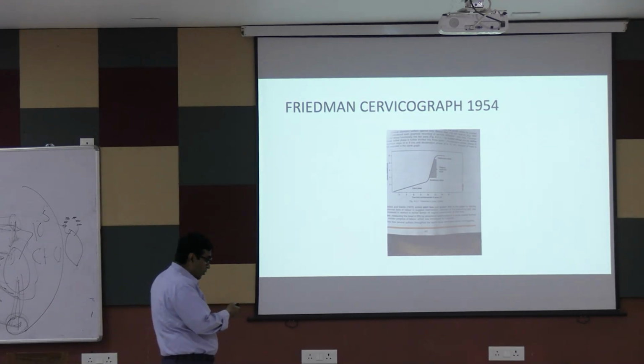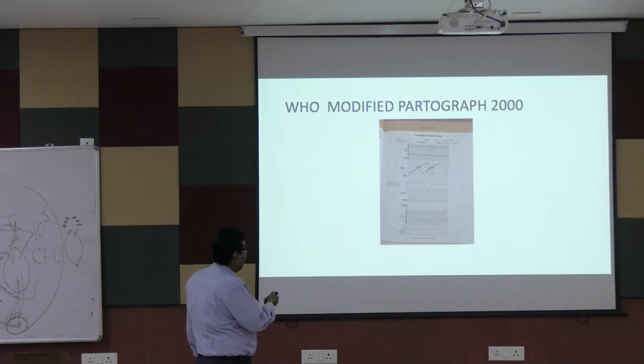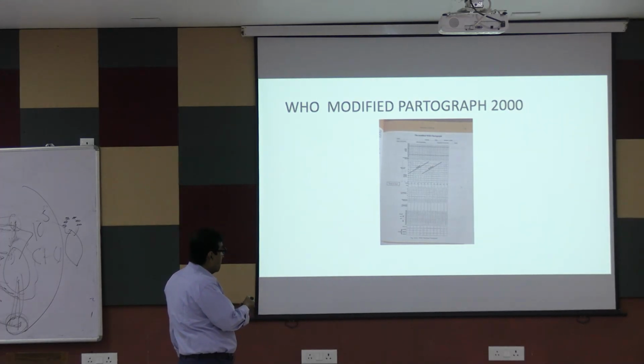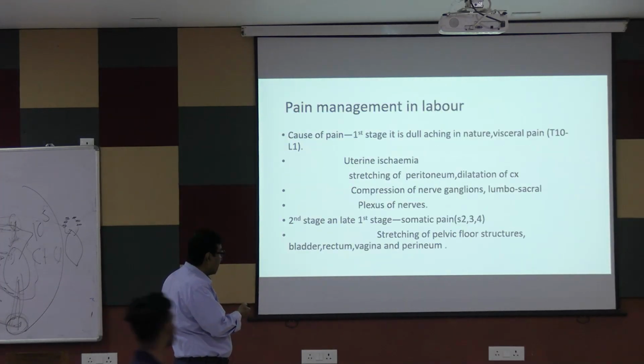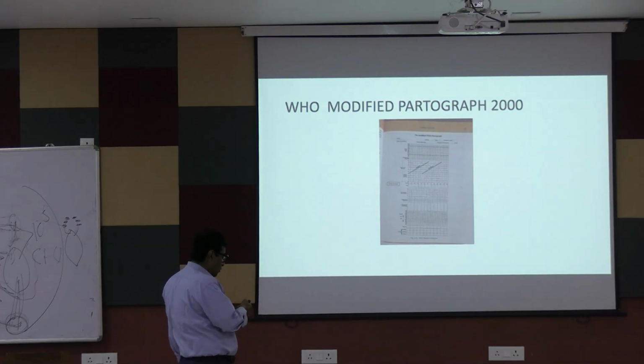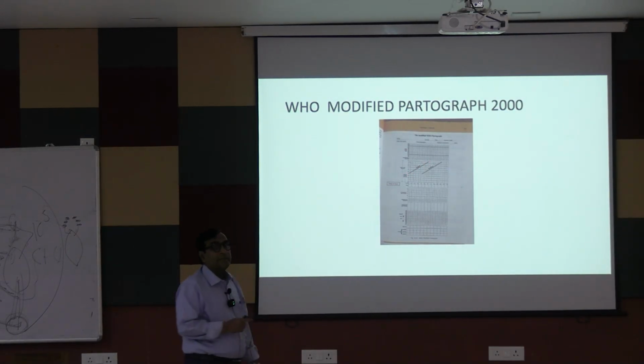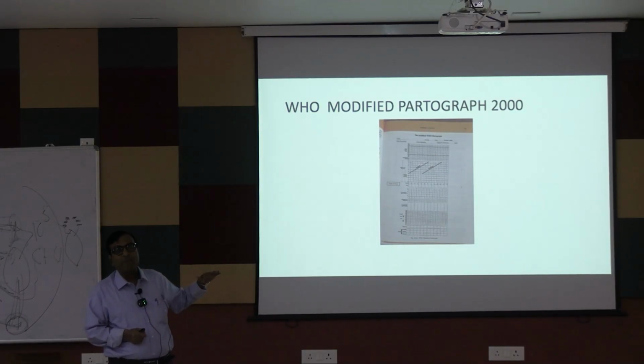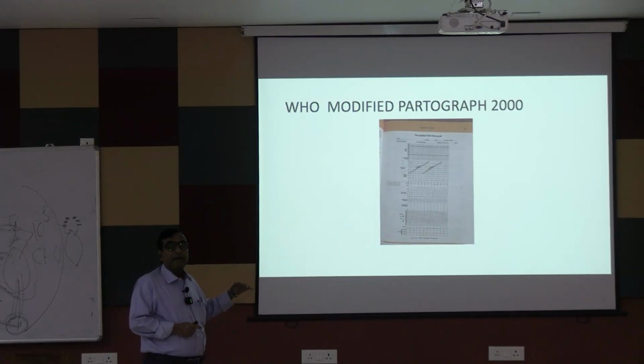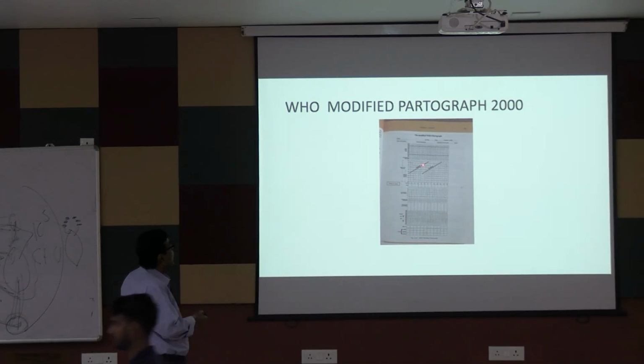So Philpott and Castle introduced the alert line, where the dilatation of cervix is shown at the rate of 1 centimeter per hour. This is the minimum acceptable rate of progress in a normal labor. A normal labor should finish before touching this alert line.